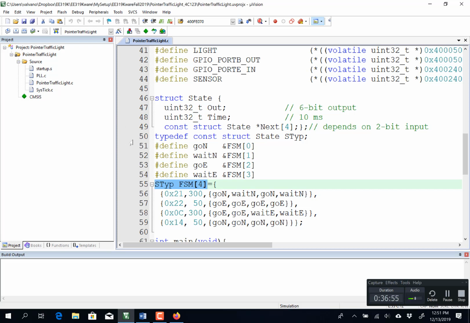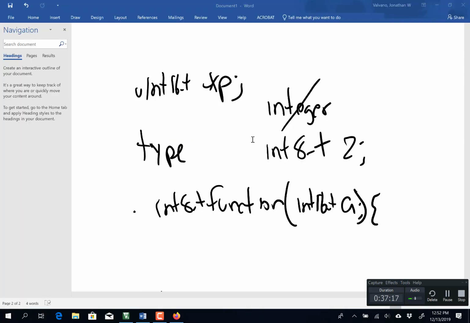So typedef is the first thing in a type definition. Whatever's at the end is the name of the type, and the stuff in the middle is whatever it means. You're going to create a type based on other things. Why would I do this?